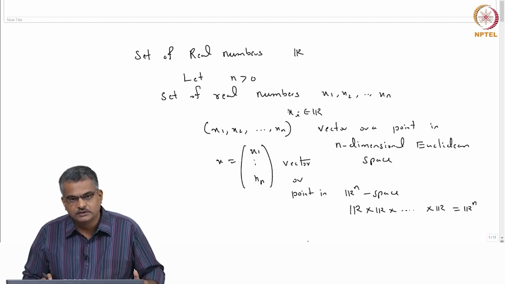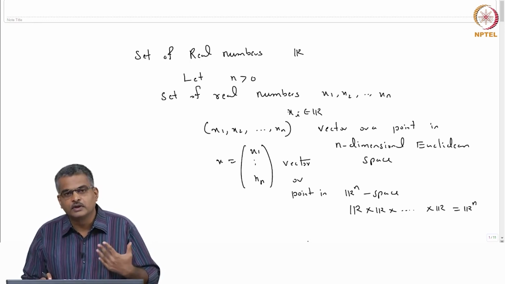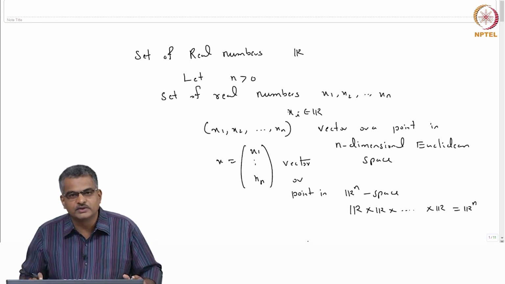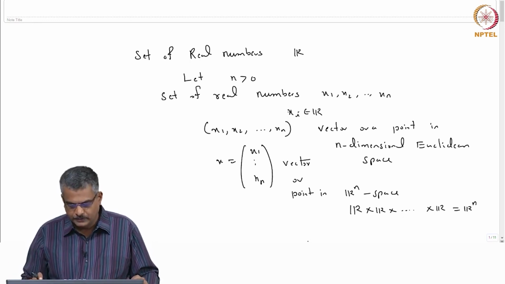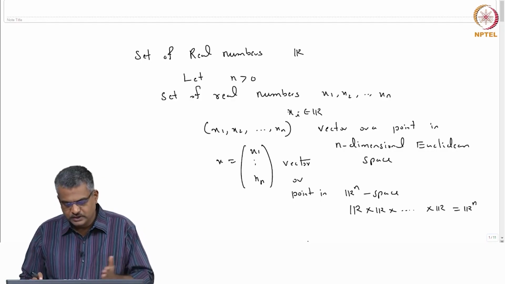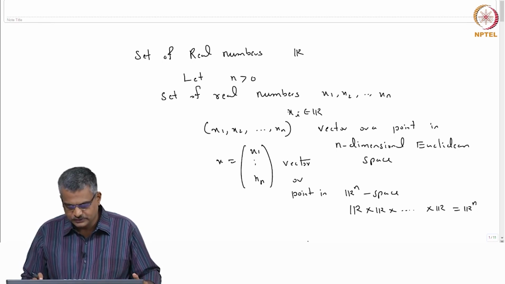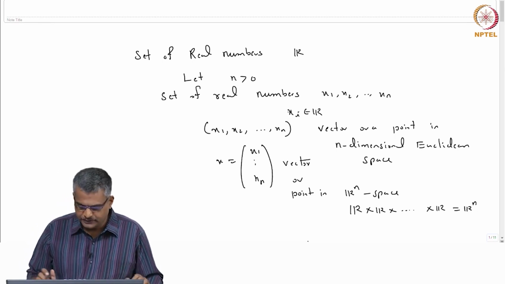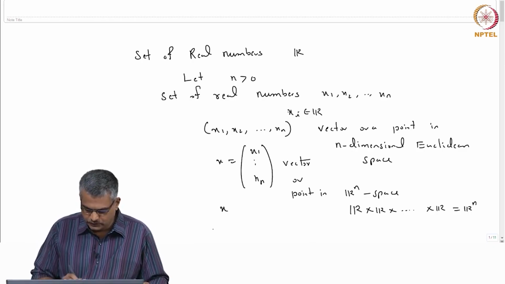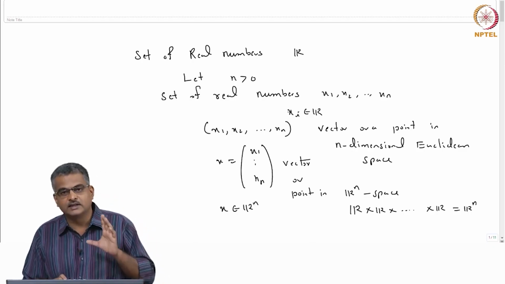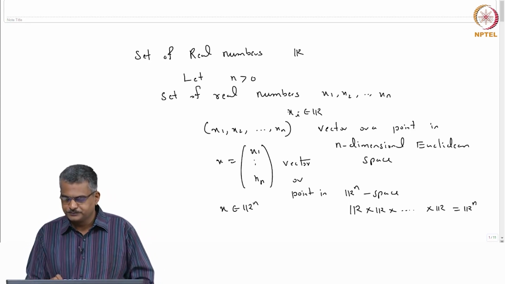Riemann was the first to think of imagining numbers beyond the 2-dimensional plane. So this is how you generalize the notion of a point or a vector in an n-dimensional space. So this is a real vector. We will use the notation x belongs to Rn to say that x is a vector in an n-dimensional space.